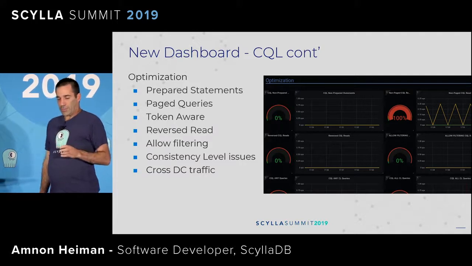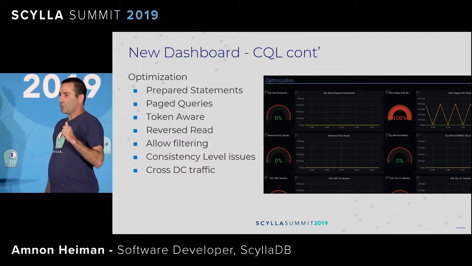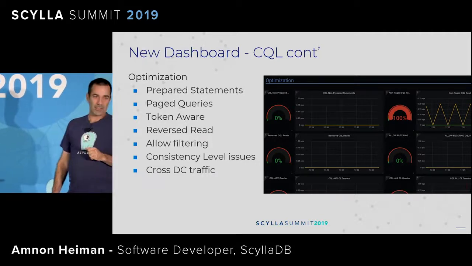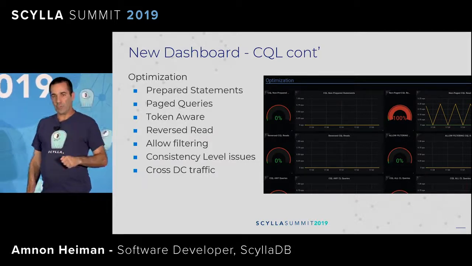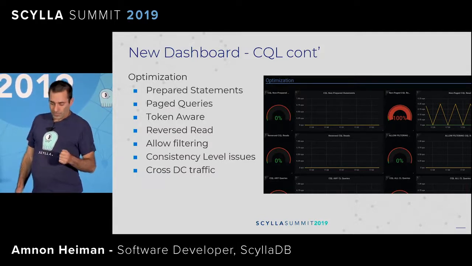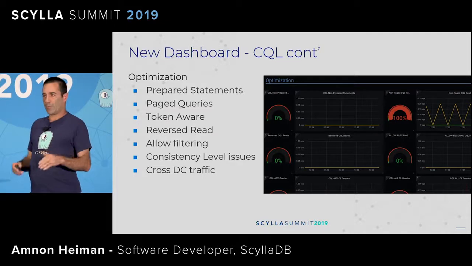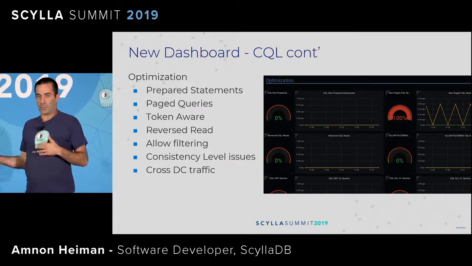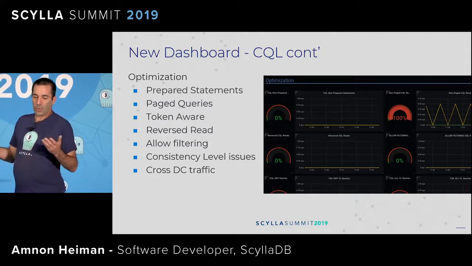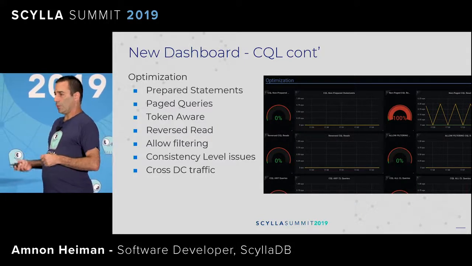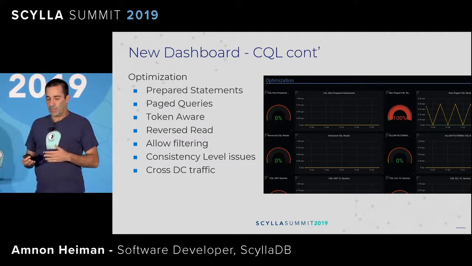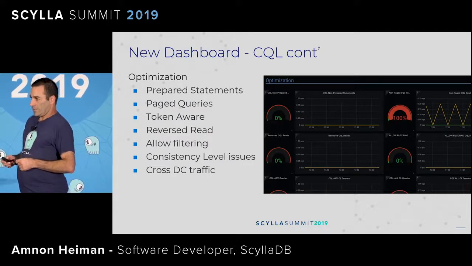The idea is to try and help users identify that they have a potential problem, let's say, with either their data model or their connections. That's something that a lot of the users mentioned, like, are your drivers shard aware? Do you have problems with paged queries?